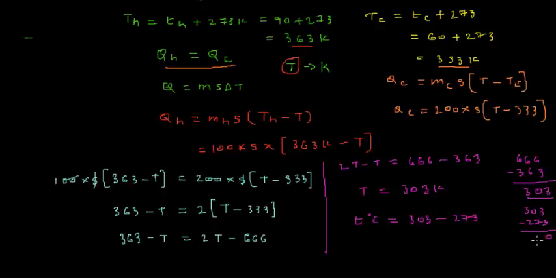Since 0 is there, I will be getting 1 as borrow. So 10 minus 7 is 3 and this is 2. 2 minus 2 is 0. So I got 30. That means the equilibrium temperature, or the temperature of the mixture when both the cold water and hot water are mixed, is 30 degrees centigrade. In the next video, we will see more problems related to specific heat.